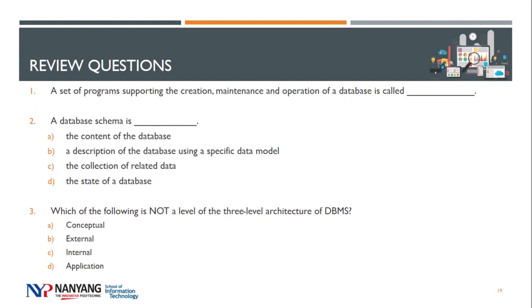And the third question, which one of the following is not a level of the three-level architecture of DBMS? The answer should be D, application. Internal, external, and conceptual are part of the three-level architecture of DBMS.